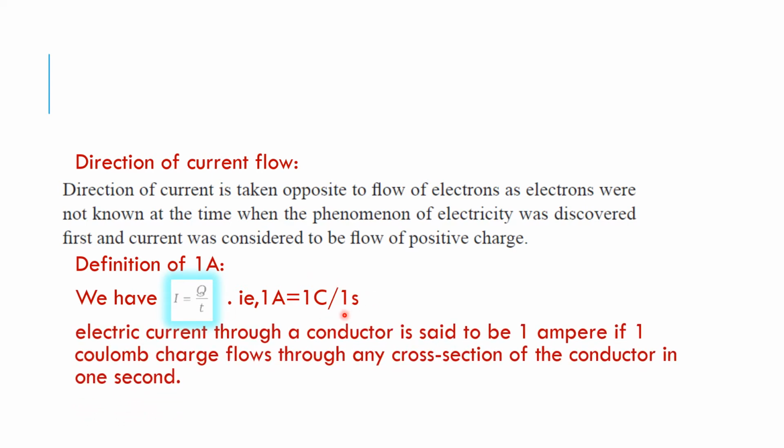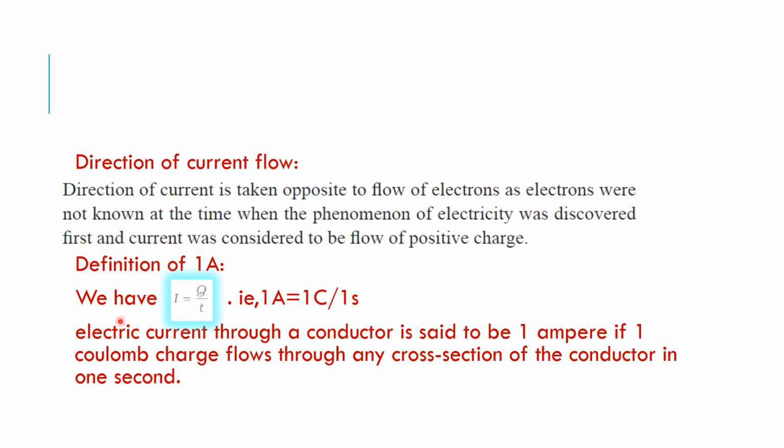So we can define 1 ampere as follows: the electric current through a conductor is said to be 1 ampere if 1 coulomb of charge flows through any cross section of the conductor in 1 second. That is, if there is a flow of charge of 1 coulomb in 1 second through any cross section of the conductor, then we call it 1 ampere.